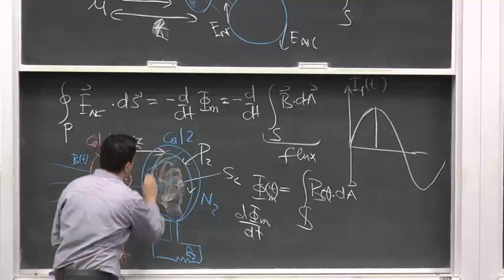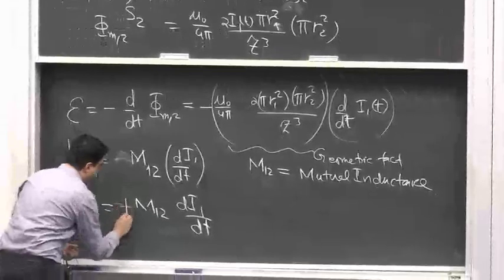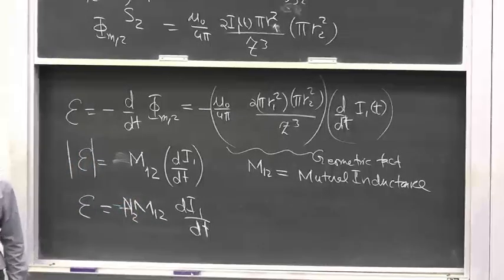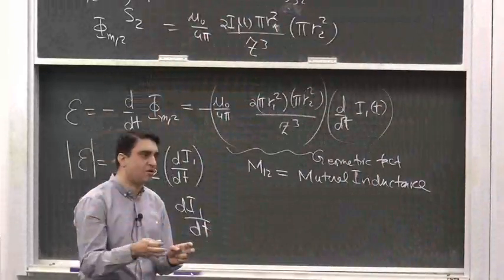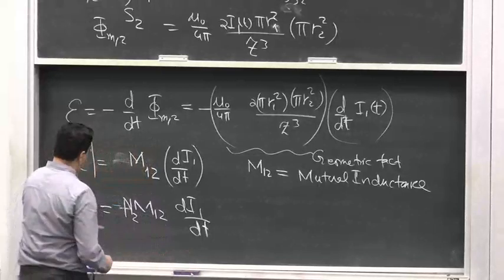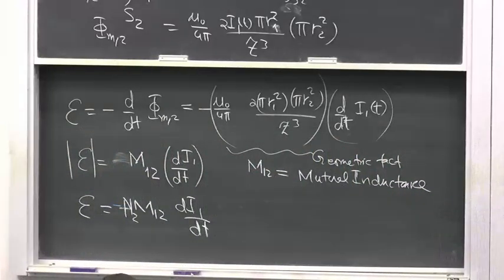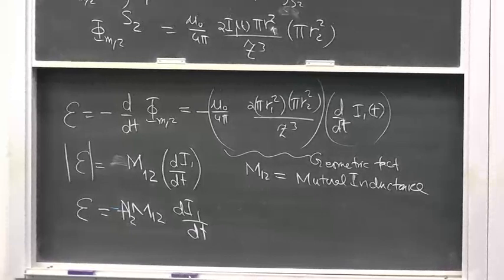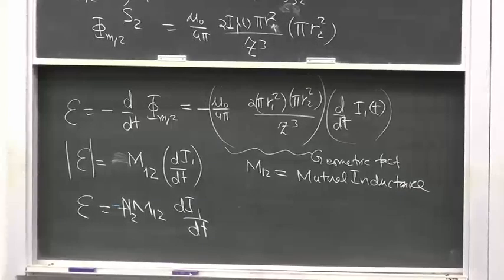So let's say in general, if you have N2 number of coils, then the total EMF produced would be minus, you have to multiply by N2, because in each coil there will be a separate induced EMF, and if you add all of them up, you would get N2 multiplied by your whole EMF. Multiply by the number of turns, you can say that.